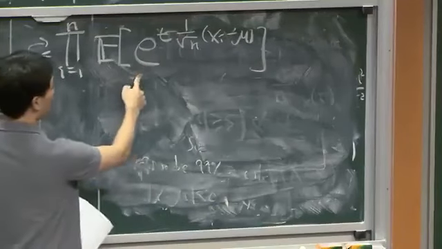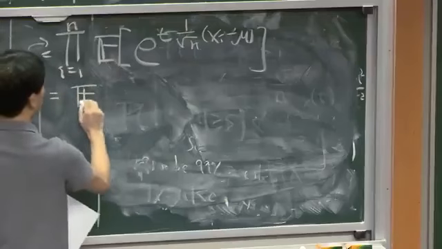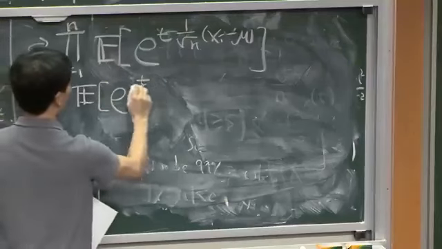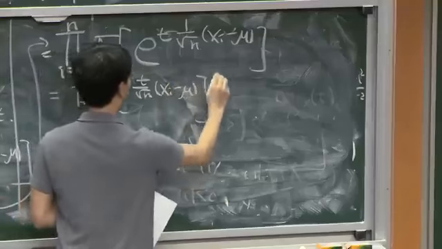Now they are identically distributed, so you just have to take the nth power of that. That's equal to the expectation of e to the t over square root n (Xi minus mu), to the nth power.